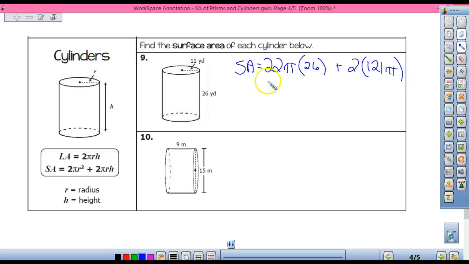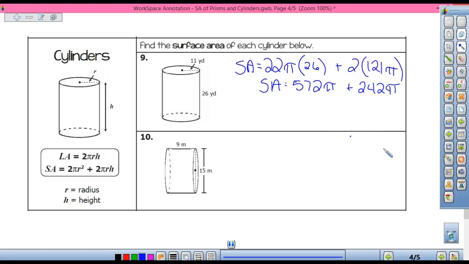So 22 times 26 gives me, what is it? Right now leave it as 572 pi plus 2 times 121, 242 pi. Now you have like terms because they both have pi.